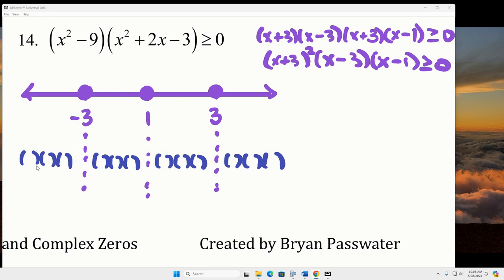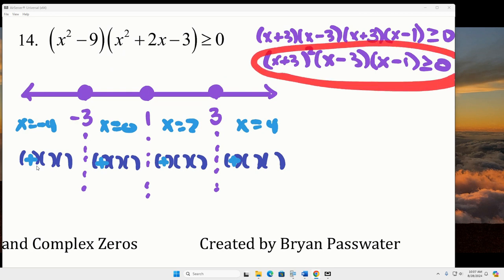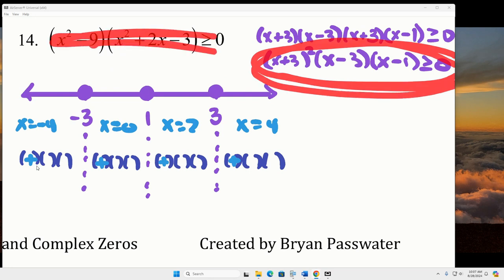Yeah. The first one should automatically be positive because it's being squared. Okay. And then, I need to write my test values. Alright, so when I'm testing them, I'm going back to the factored. I'm not using this one at all. I'm going back to this one.